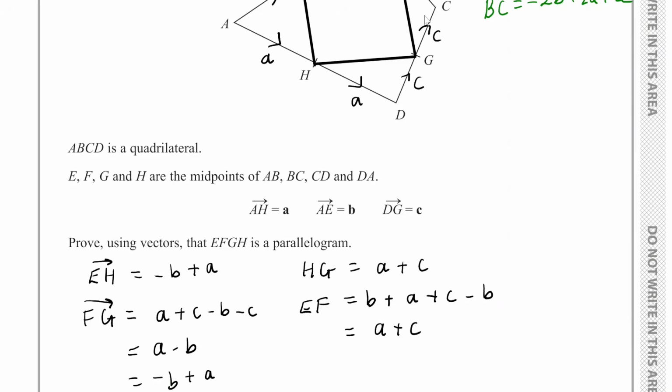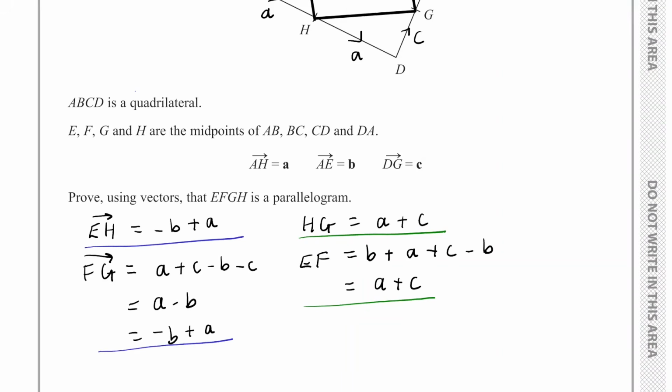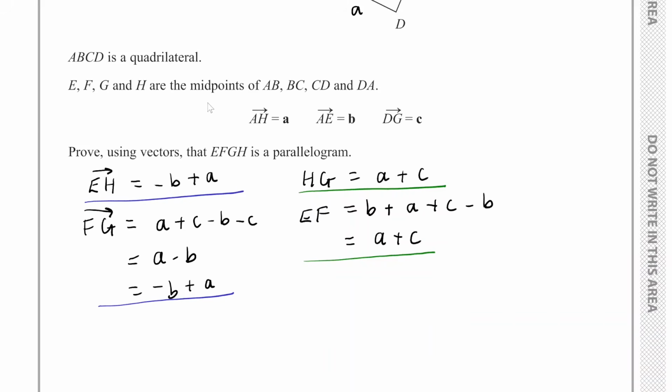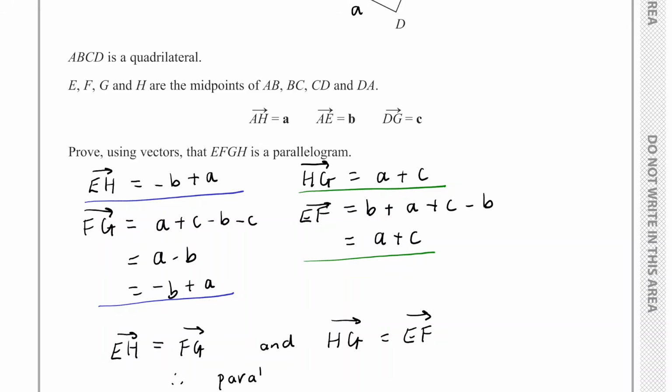So we can see that G to H is the same as E to F, and E to H is the same as F to G. So I'll just write that as a conclusion. E to H equals F to G, and H to G equals E to F, therefore it's a parallelogram.